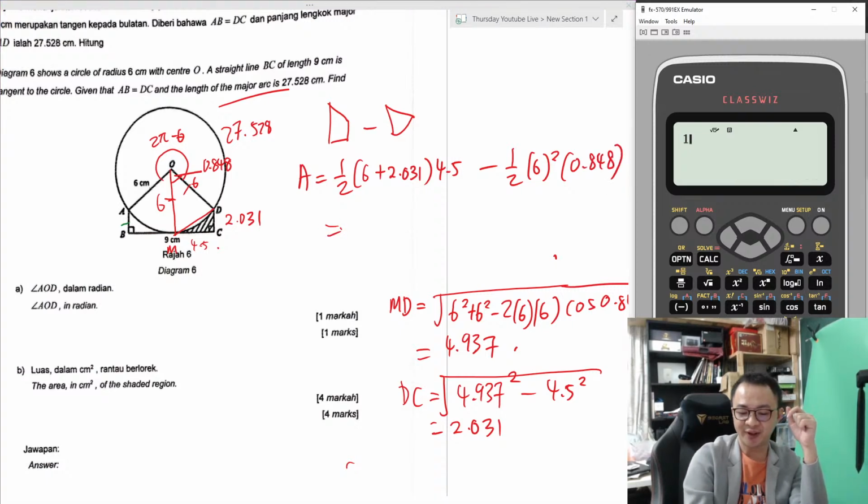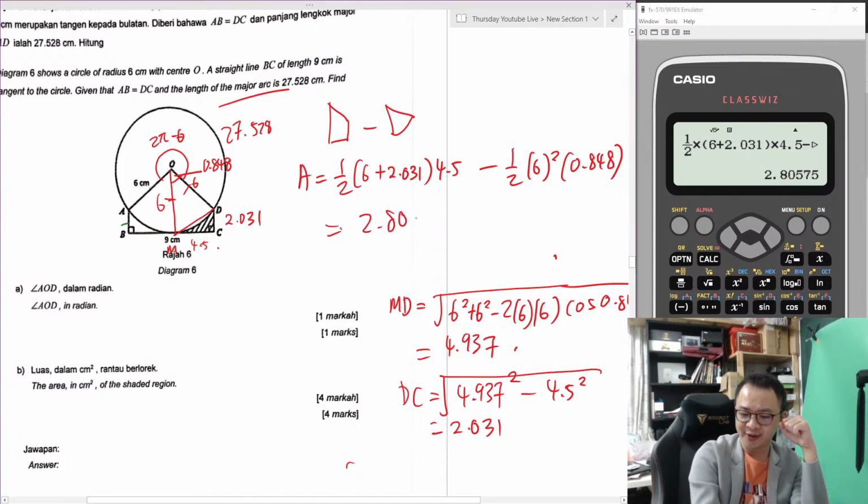Just type everything into the calculator: 6 plus 2.031, multiply 4.5, minus 1 over 2 times 36 times 0.848. You should get a nice answer. Alright, it's 2.808 centimeters squared.